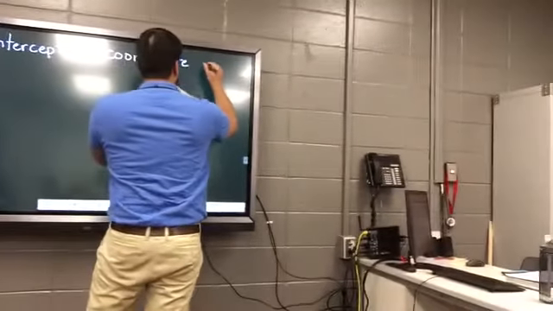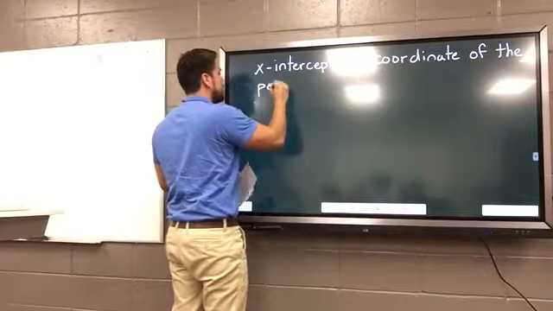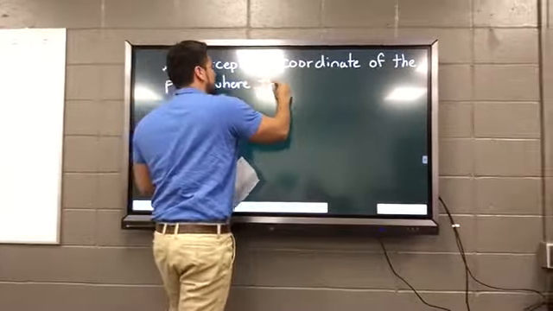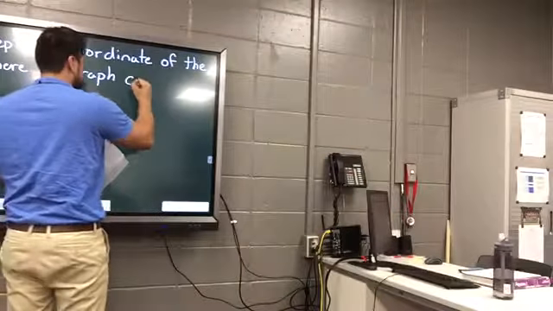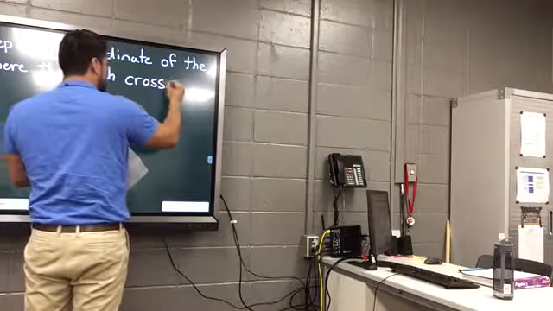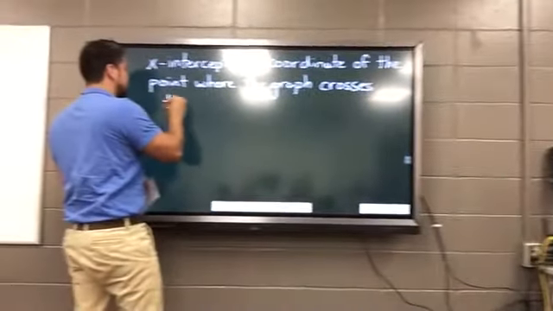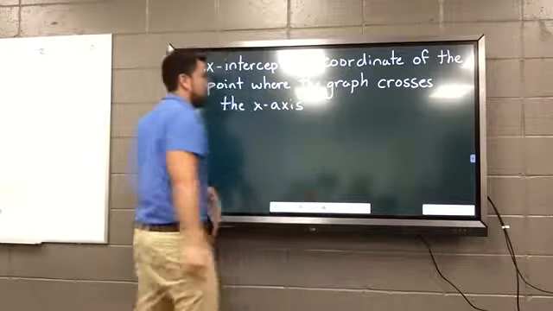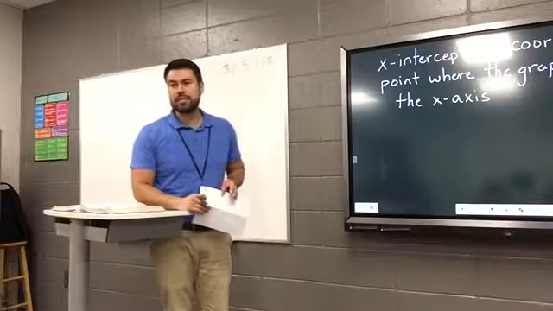It's the X coordinate of the point where the graph crosses, and that's where that intercept word comes from, crosses the x-axis. So it's the x-coordinate of the point where the graph crosses the x-axis.